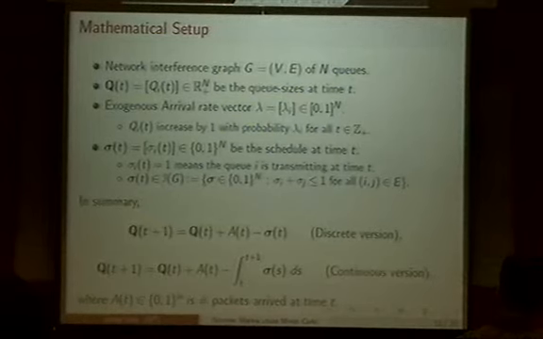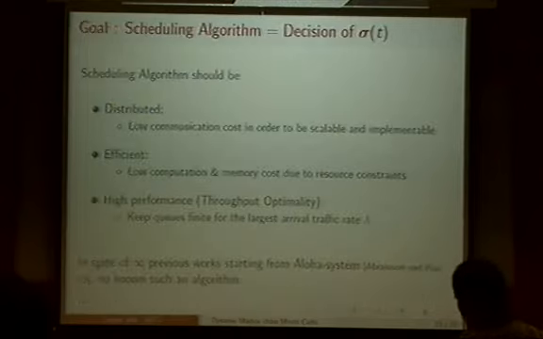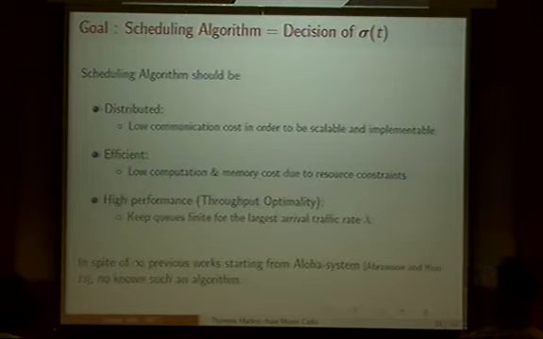So now what is the goal? The goal is to design, to choose this sigma t so that the queue size becomes small. The scheduling algorithm is the decision of this sigma t, which node should transmit at time t. Of course, the scheduling algorithm should be distributed, efficient, and high performance.